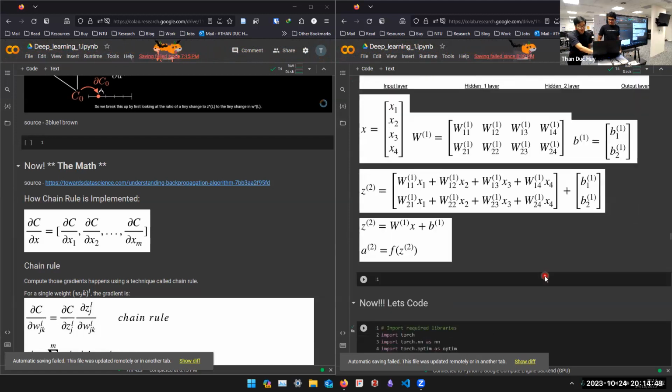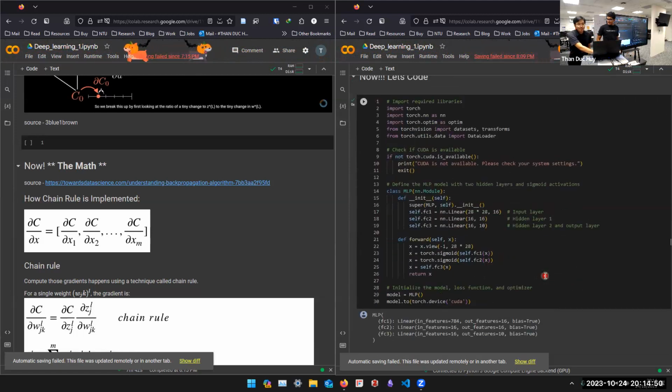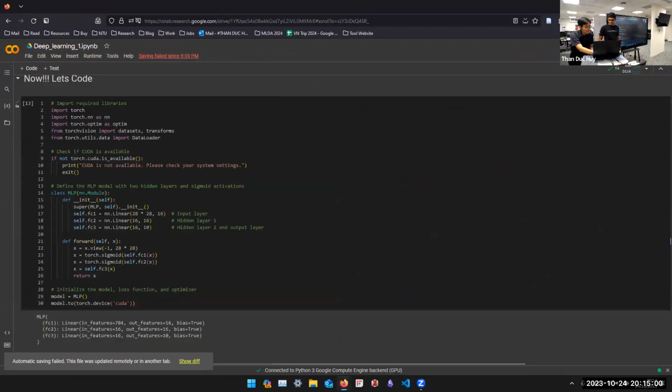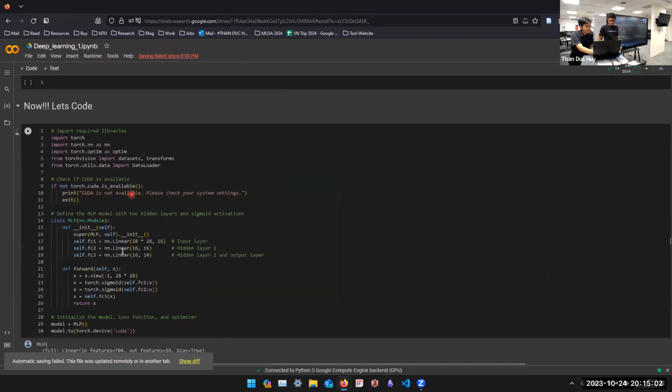When you said, okay, there are thousands of weights, how do we update them all at once? That is the amazing part of the PyTorch library. As you can see, I'm now recalling the idea of object-oriented programming, if you caught the previous workshop.